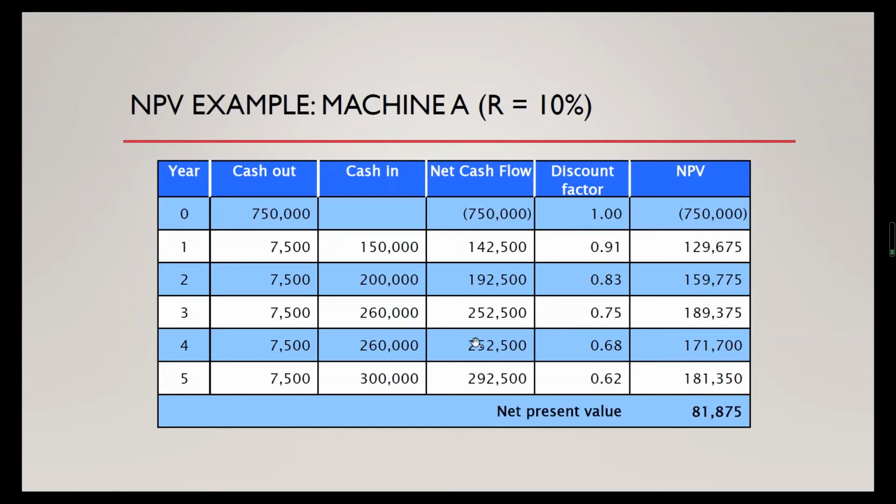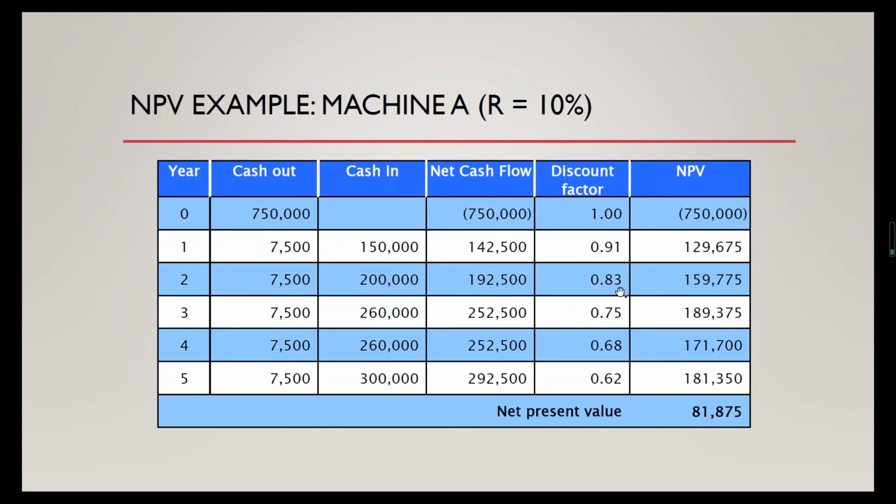Again, for the year 3, the cash inflow of 260,000 minus the expenses of 7,500, this gives us a net cash flow of 252.5 thousand for year 3 and year 4. And we have to apply the discount factor. For the year 3, the discount factor comes from the 0.83 from the year 2.